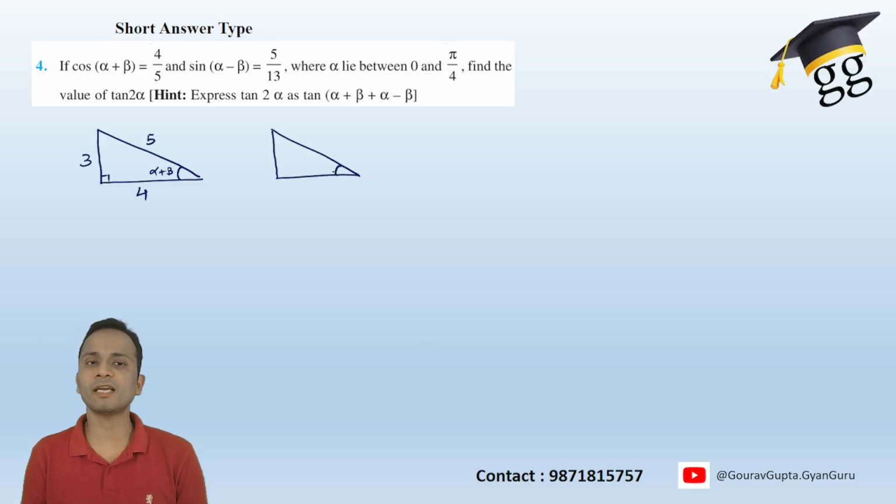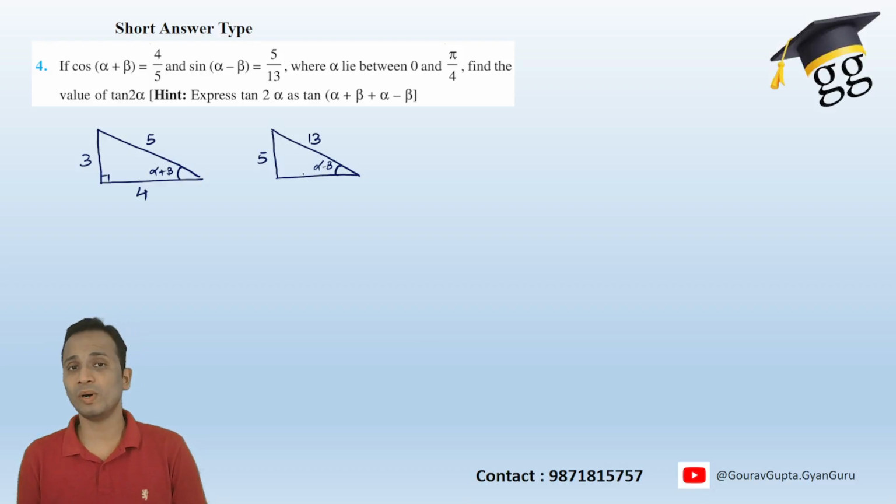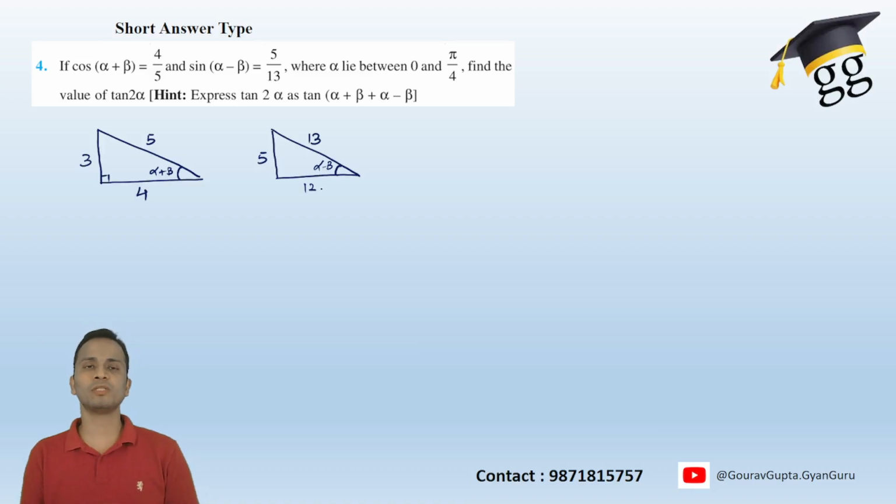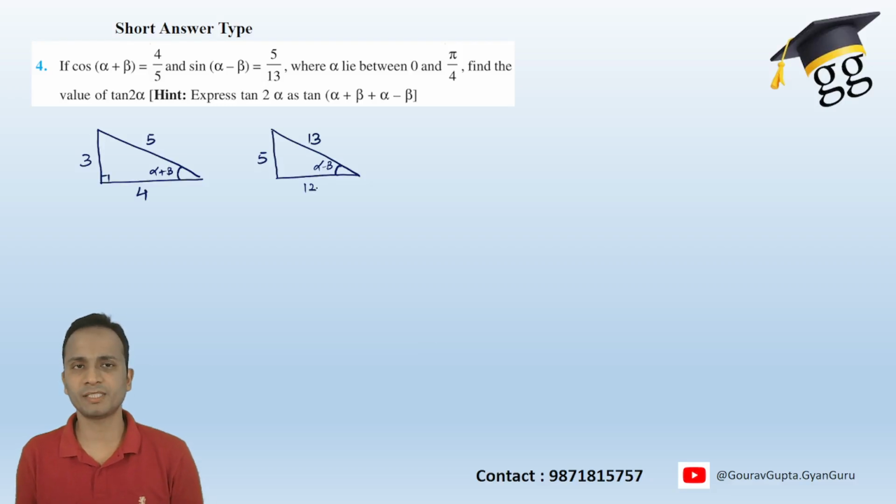Let's say this angle is alpha minus beta. Sine of alpha minus beta is given as 5 by 13. So height will be 5 and hypotenuse will be 13. Applying Pythagoras theorem, 13 square minus 5 square is 169 minus 25, that is 144. Under root of 144 is 12, so the base will be 12. Also, you can find all these things by remembering some basic Pythagorean triplets.